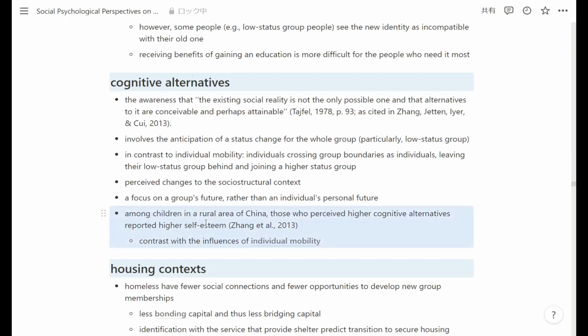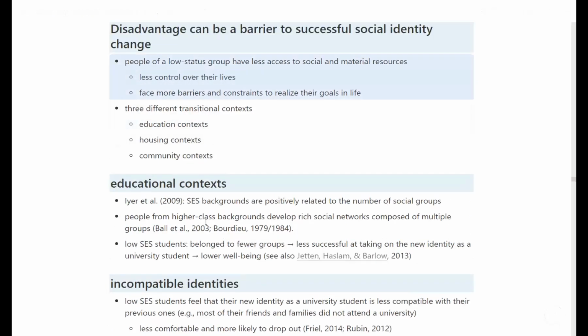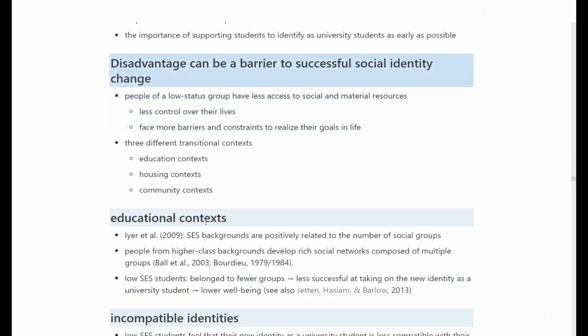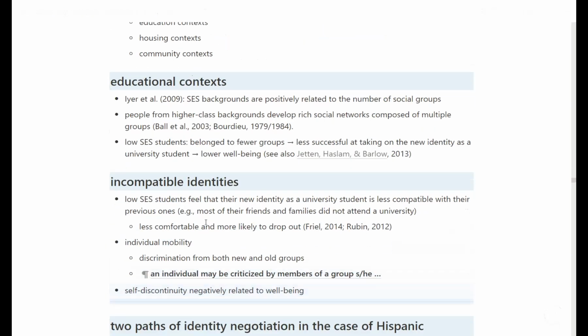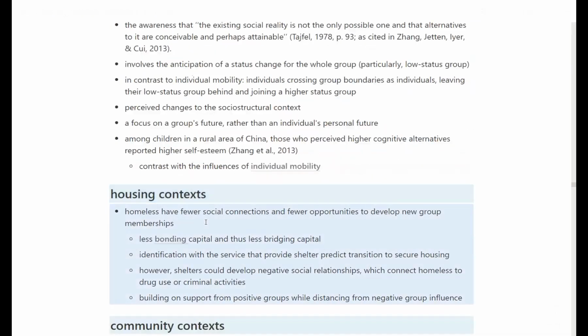Okay, so we have talked about barriers to successful social identity change in the education context, but let's look at some other contexts. Housing context. Homeless people have fewer social connections and fewer opportunities to develop new group memberships.